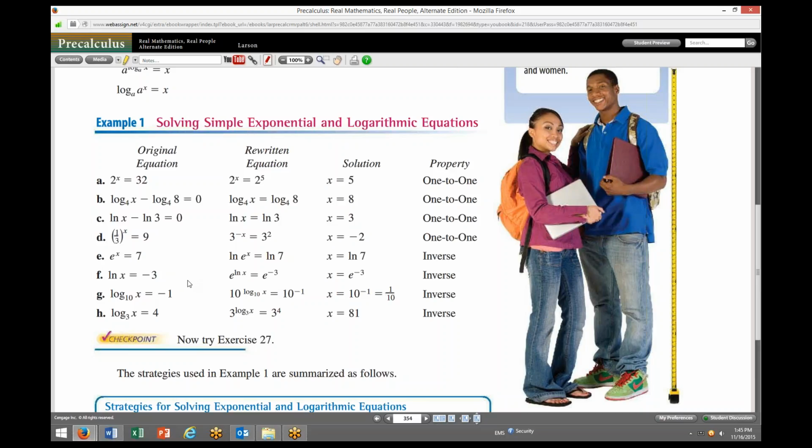But that's not necessary. You can just jump from this first equation right here to column 3, x equals e to the negative 3. How can we do that? Well, by understanding what natural log of x means. Natural log of x equals negative 3 means e to the negative 3 power is going to equal x.